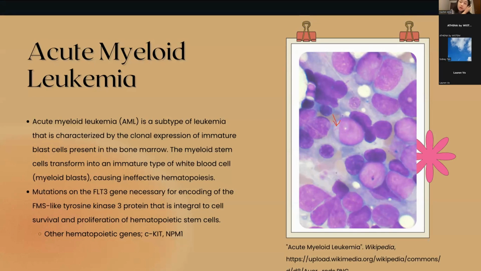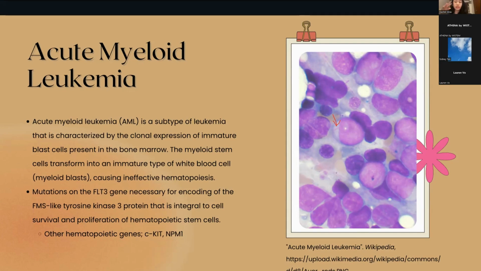This subtype of leukemia usually occurs due to mutations on these hematopoietic genes, one of which is actually the FLT3 gene, which is integral to cell survival and proliferation.